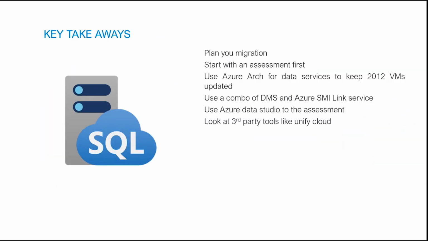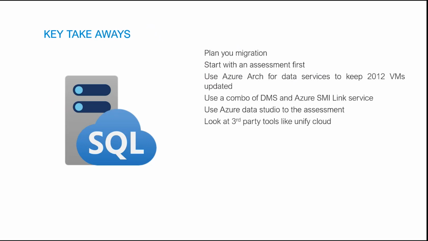So just key takeaways. Plan your migration. Do an assessment first. If you don't want to migrate now and you're having anything older than SQL 2012, use Azure Arc. That will allow you at least some security features so that you get updates. Use Azure database migration service to queue all your migrations.